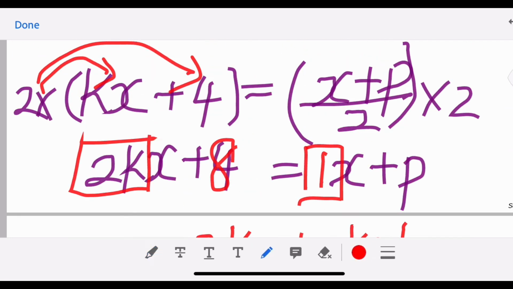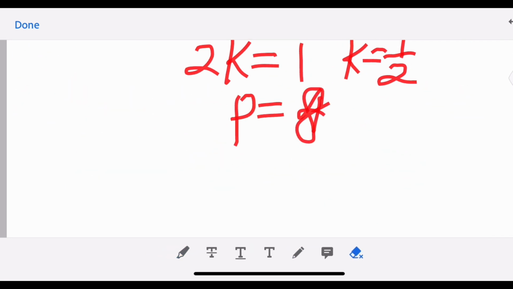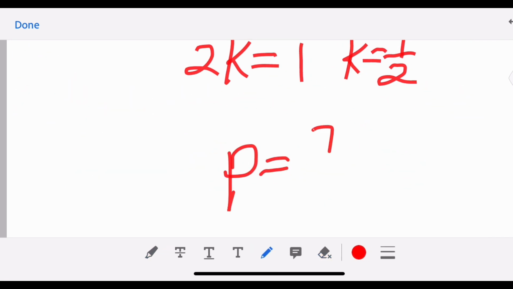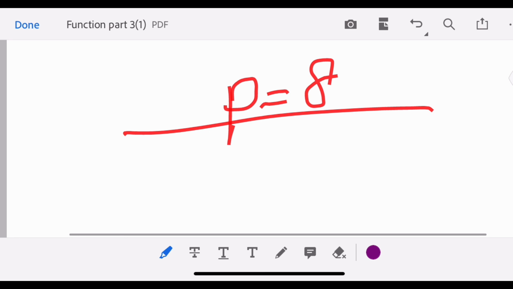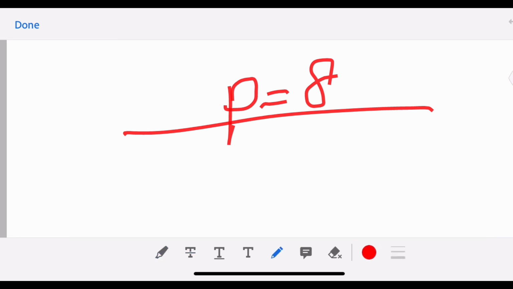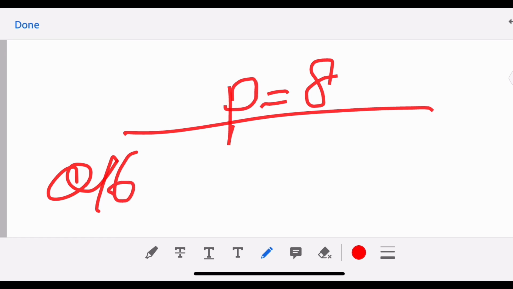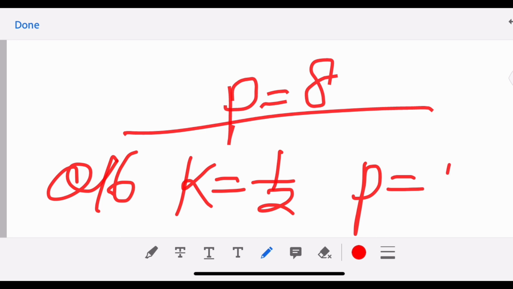These are very common mistakes. Alright, so P is equal to 8. So this is the answer for question number 16. So I will stop at question number 16. Again, question number 16, our answer for K is half. Our answer for P is 8.